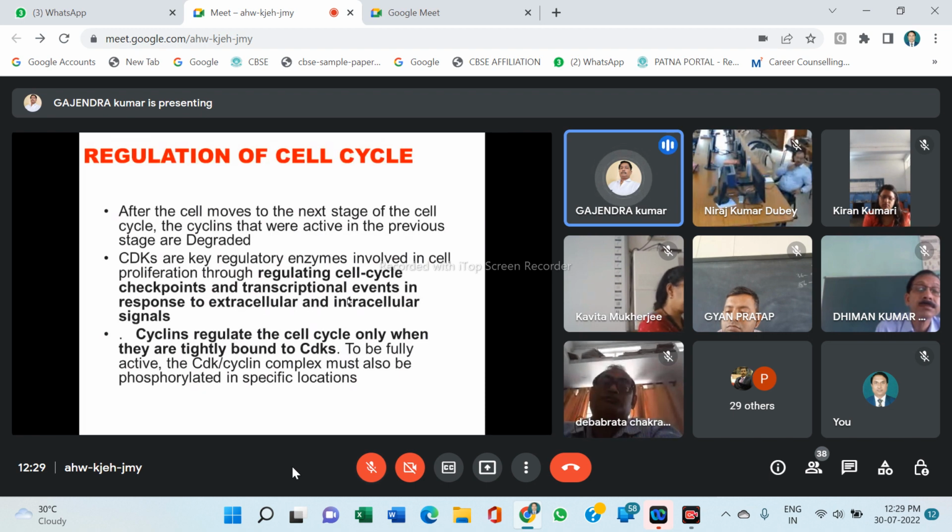How is it accelerated? We provide some chemicals, some hormones, some other substances to make cell division faster, and when we spray or provide those chemicals, the rate of cell division increases.